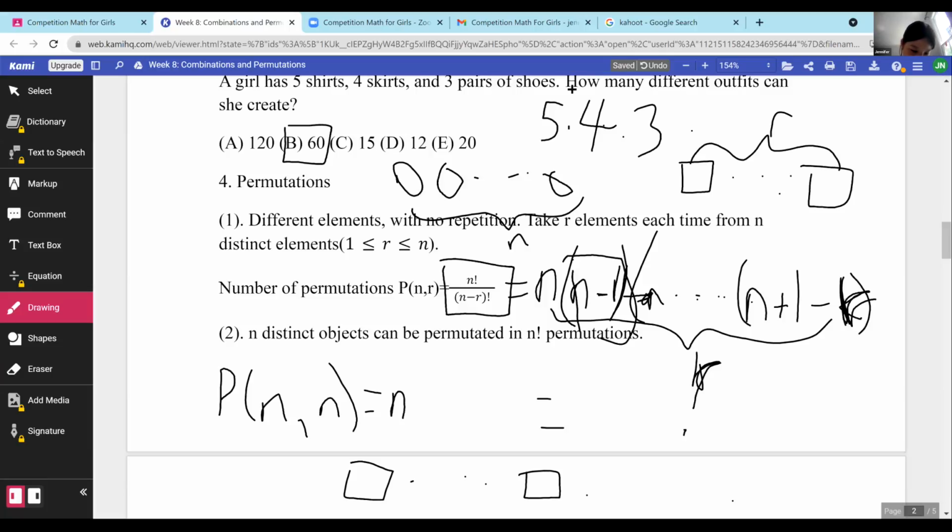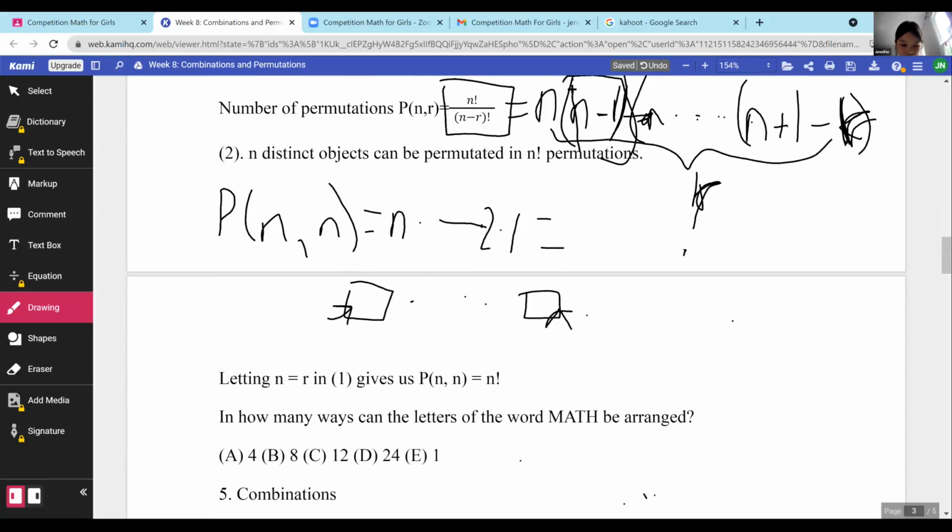The first time you choose from n, and so on, to the last time you only have 1 choice left. And letting r equal n in 1 gives us P(n,n) equals n factorial.